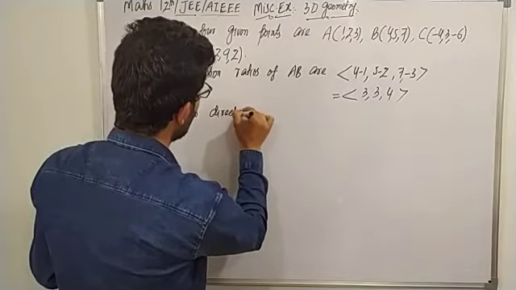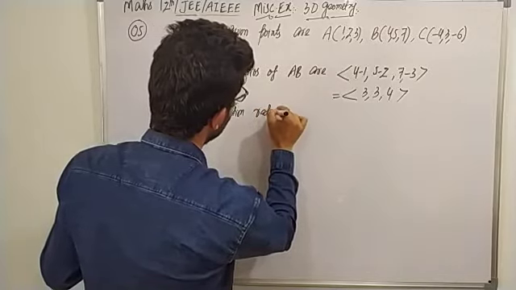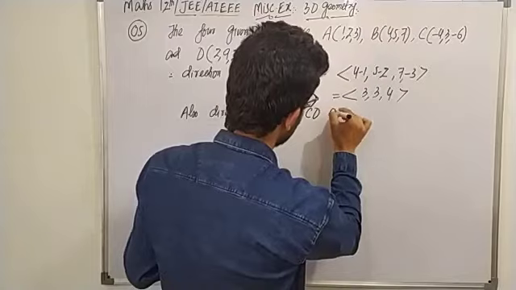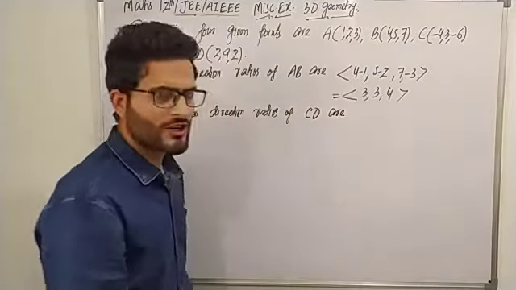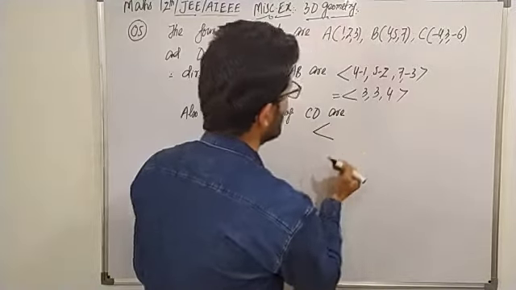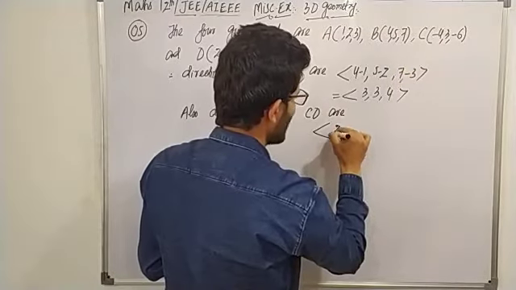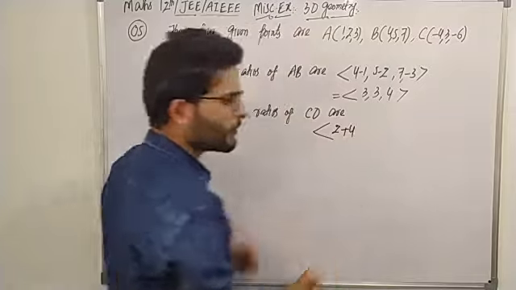Direction ratios of CD. What will be the direction ratios of CD? Again an ordered 3 tuple of x2 minus x1, that is 2 minus of minus 4, which is 2 plus 4.